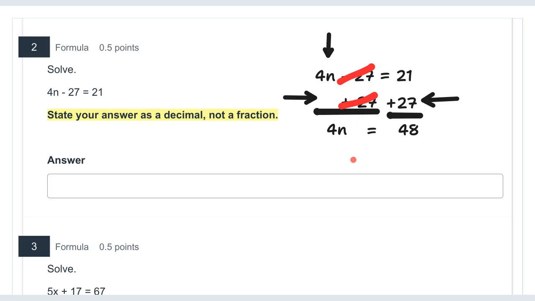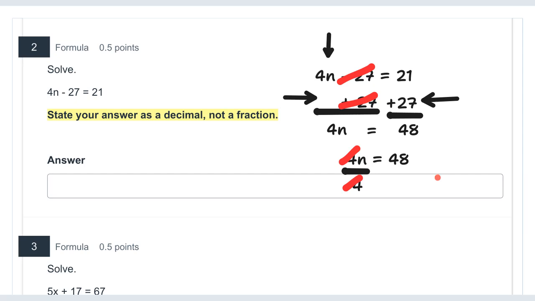Now to solve our 4n equals 48, to get the n by itself, we have to divide the left side here by 4. When we do that, these 4s cancel. That's going to leave me with n on the left.